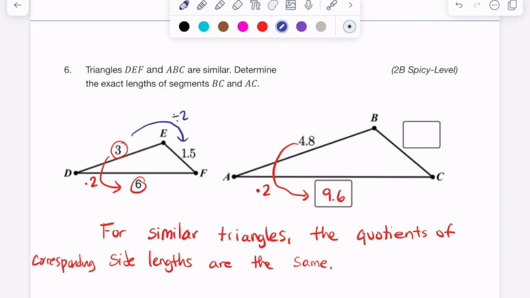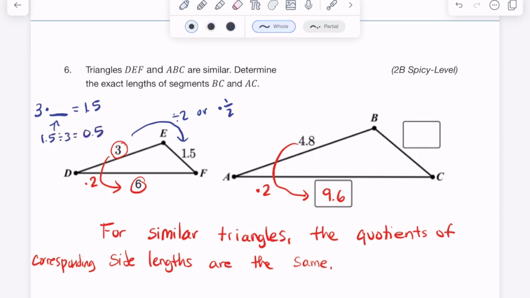If you don't know that in your head, you can do 1.5 divided by 3, right? So you're saying 3 times what equals 1.5, not 1/5, 1.5. To do that, you can do 1.5 divided by 3, and you're going to get 1/2, or 0.5.